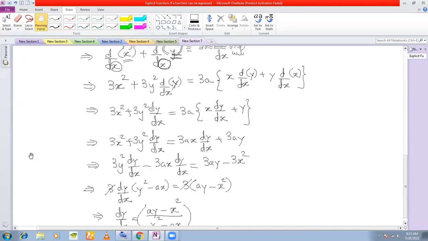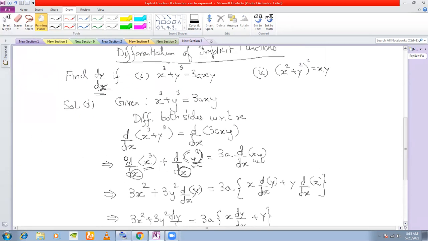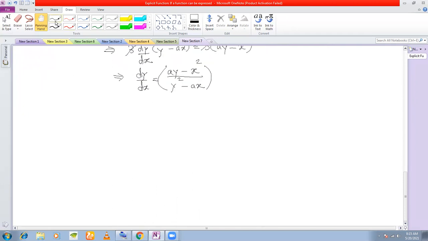Let us see the next one. x square plus y square whole square is equal to xy. How to differentiate this? Okay, same way.